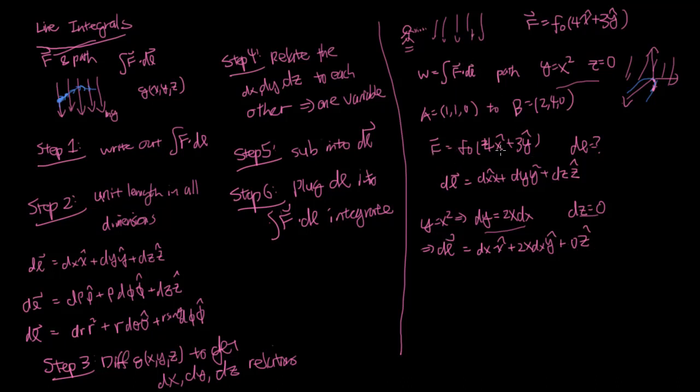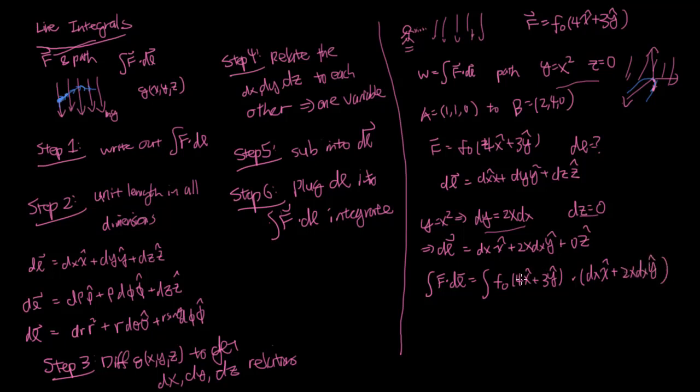We have our f.dl. So f.dl is going to be equal to, f is a vector and L is a vector, technically. We're going to have f naught (4x x hat plus 3y y hat) dot product with (dx x hat plus 2x dx y hat).